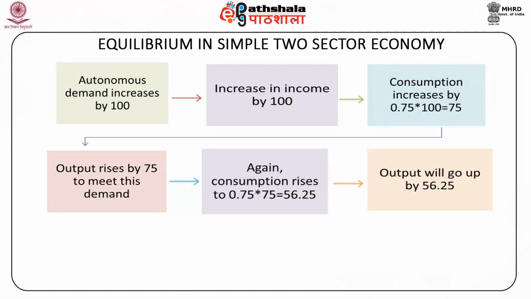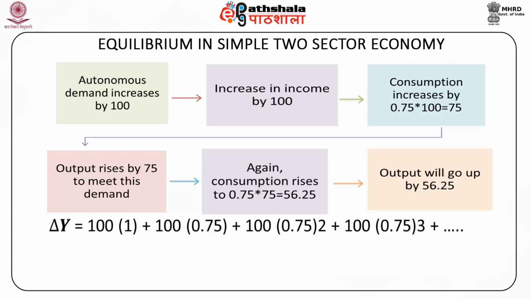Change in Y is equal to 100 multiplied by 1 plus 100 multiplied by 0.75 plus 100 multiplied by 0.75 square plus 100 multiplied by 0.75 cube and so on. The initial increase in autonomous demand of 100 will result in increase in income of 400, giving a multiplier of 4.